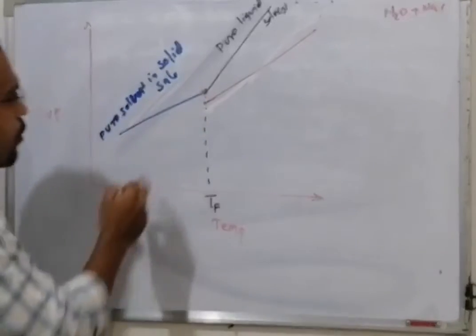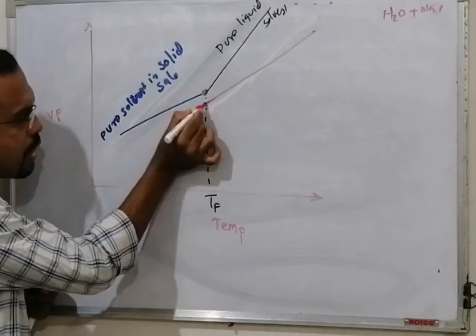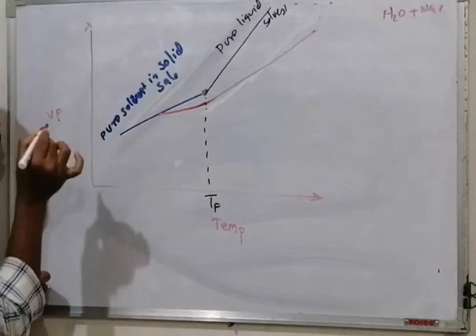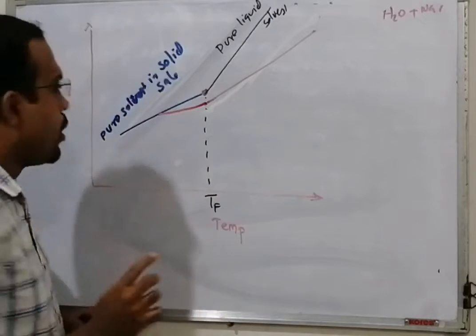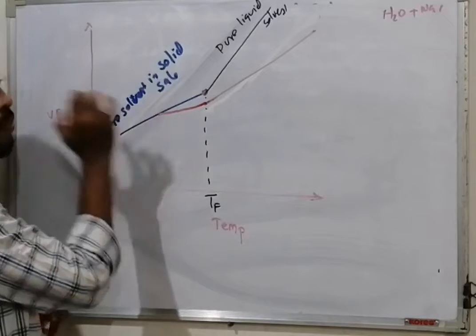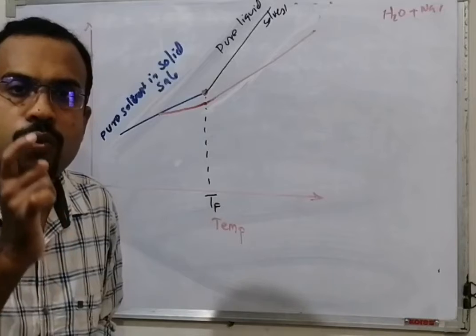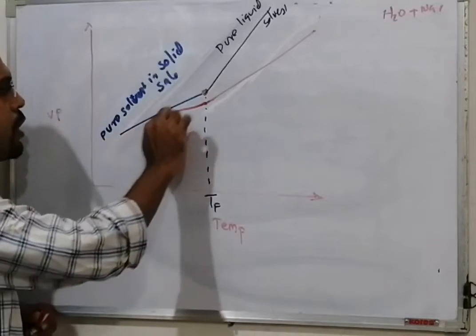Therefore, from here onwards, this is the solution, this is a liquid solution. It meets here. Why does it meet here? Because this is the vapor pressure curve of solid water, ice.